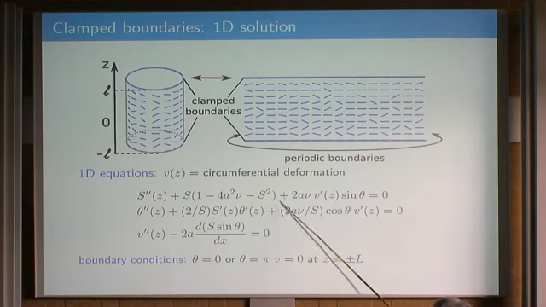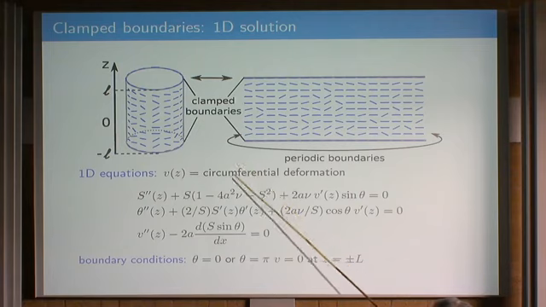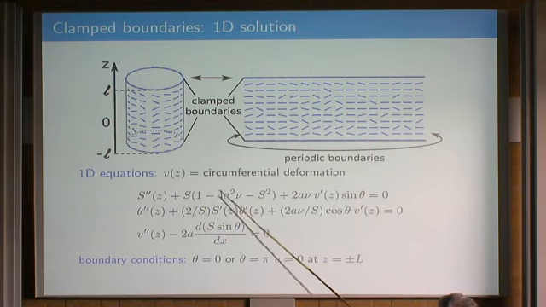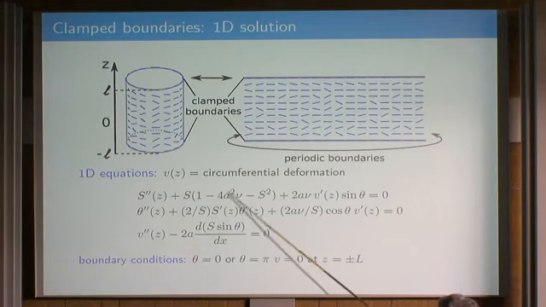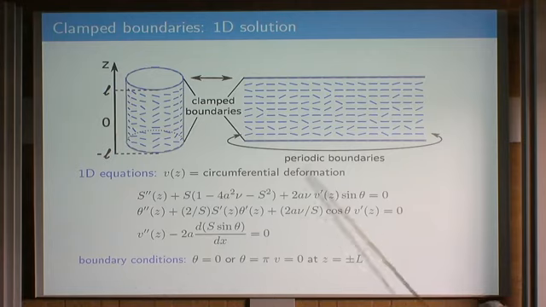Here are the equations. It is possible to obtain such a solution, where only the order parameter and the orientation and circumferential deformation change. But no defects form. And this will be described by this one-dimensional set of equations.